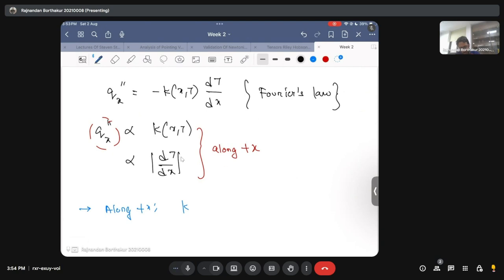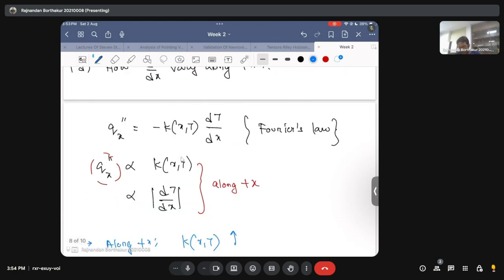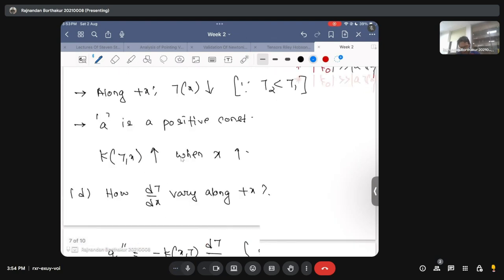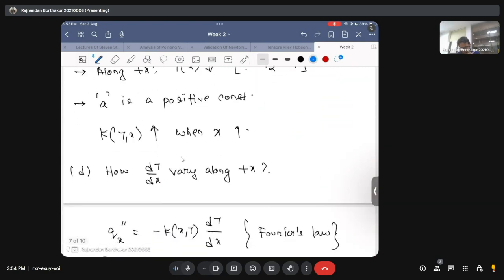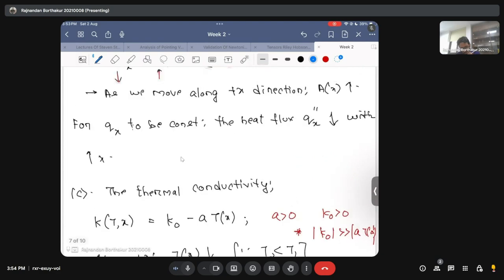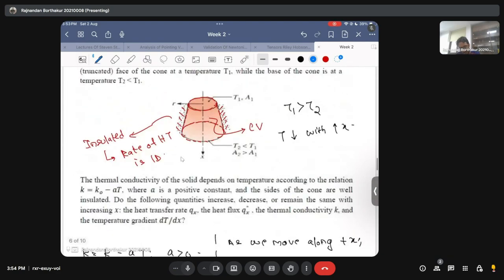So along plus x, I just stated that k, which is a function of x and t, increases, and we also know dT/dx. So what happens to dT/dx? Let's see. When we move along the plus x direction, your temperature is actually decreasing.